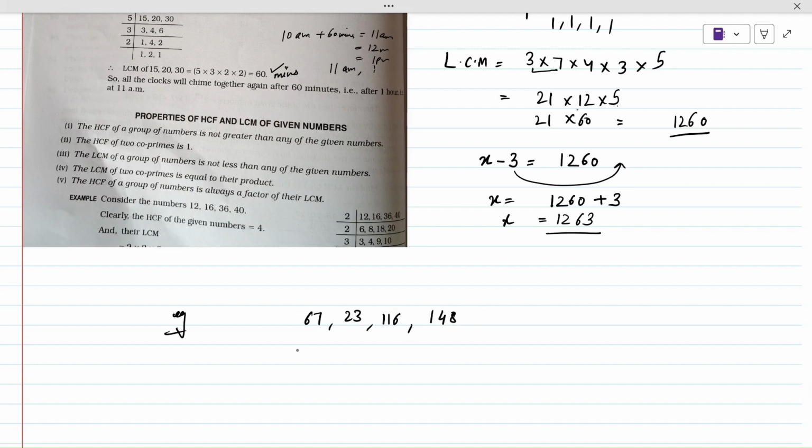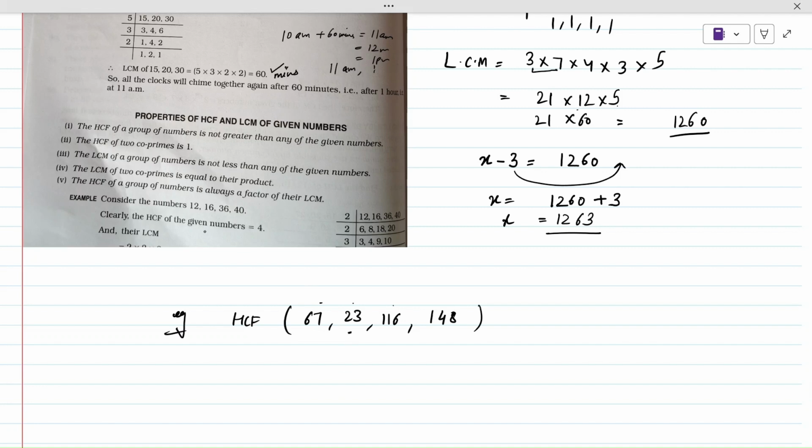The HCF of these numbers is not greater than any of the given numbers. This means it is always less than these numbers.